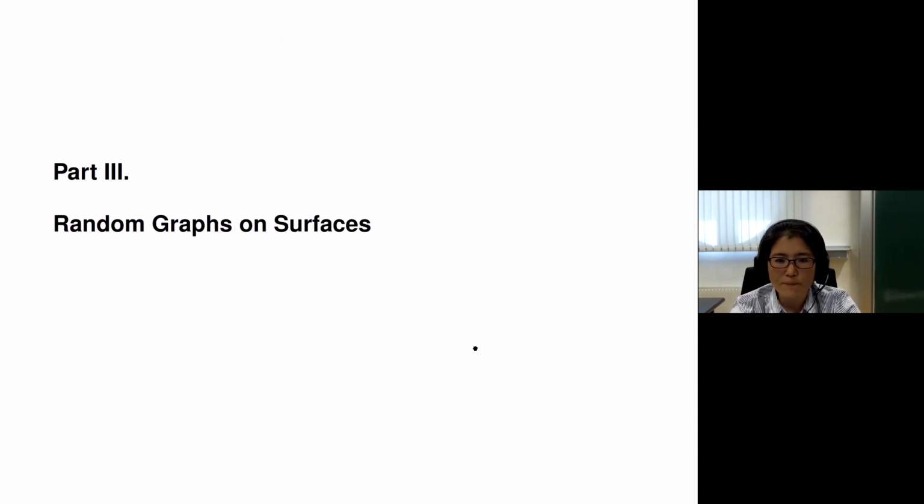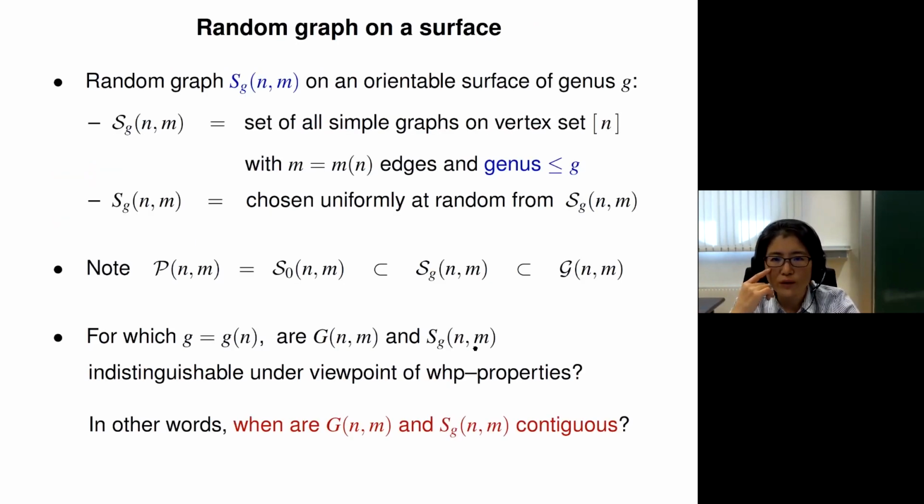To set the scene, we will just focus on random graphs on an orientable surface of given genus g. g will be any non-negative integer. Given g, you think of the orientable surface, I mean the sphere with g handles, and we will consider the class of all graphs embeddable on it.